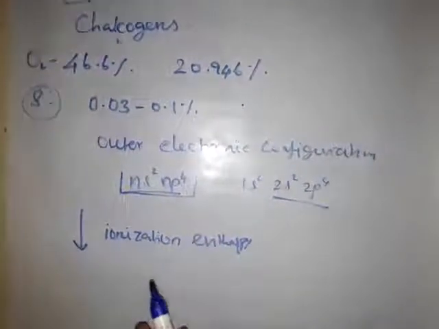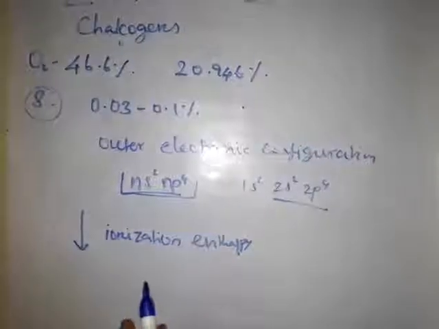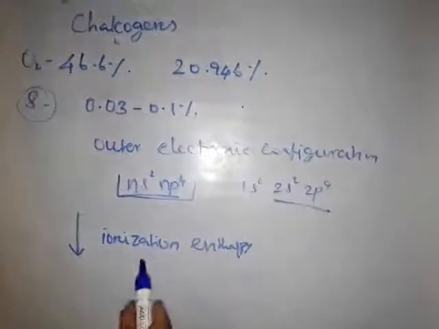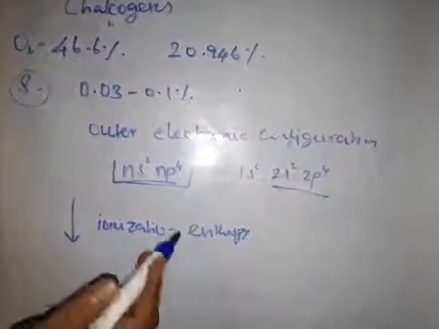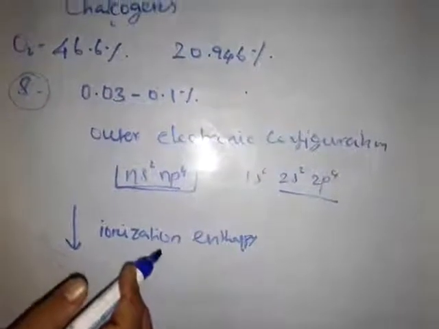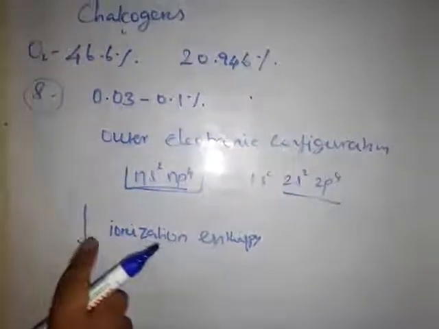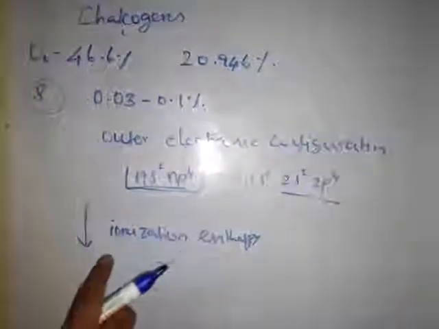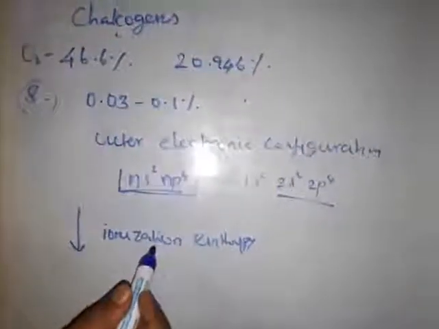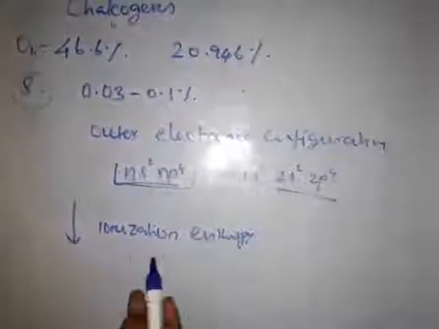However, the elements of this group have lower ionization enthalpy values compared to group 15 elements, because group 15 elements have an extra stable half-filled p orbital electronic configuration. Then electron gain enthalpy.